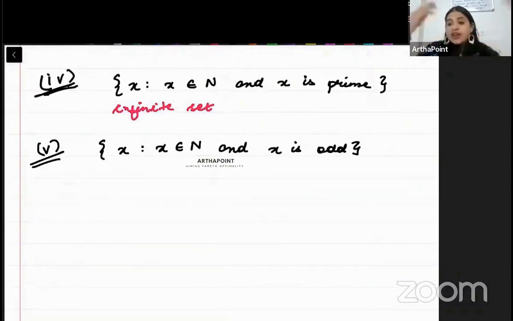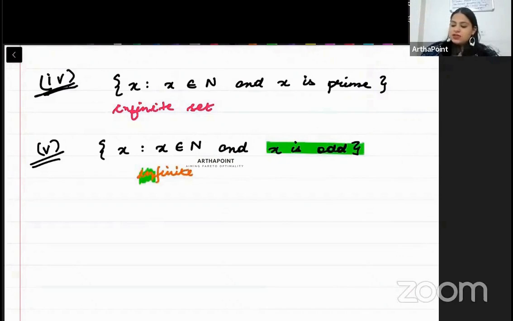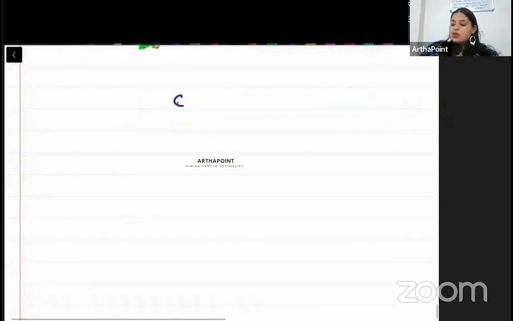Beta, there are infinite odd numbers. 1, 3, 5, ऐसे करते जाओ. बहुत सारे odd number आ जाएंगे. 9 is also odd. इतना बड़ा number जो बनेगा. ठीक है? So there are infinite odd numbers. So this is again an infinite set. Clear ho gayi ye baat? Now come to the next topic, beta. So that is called an equal set.